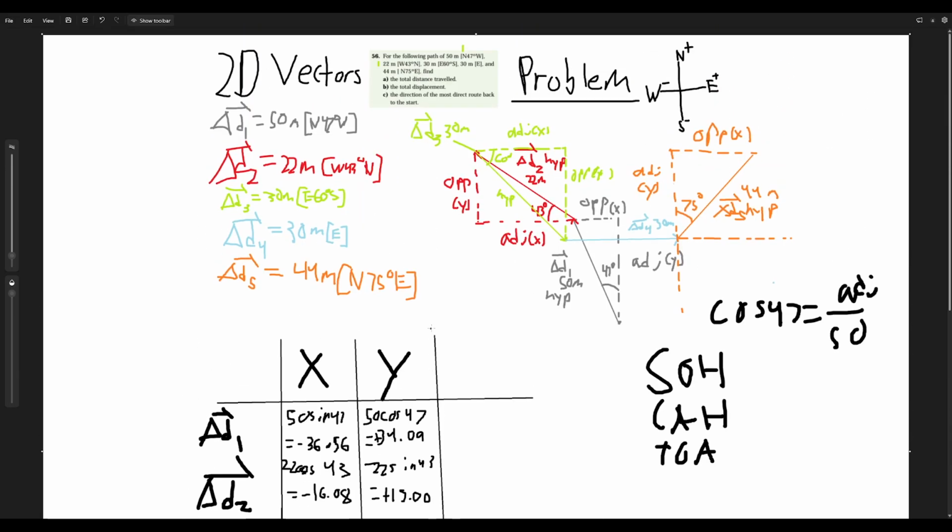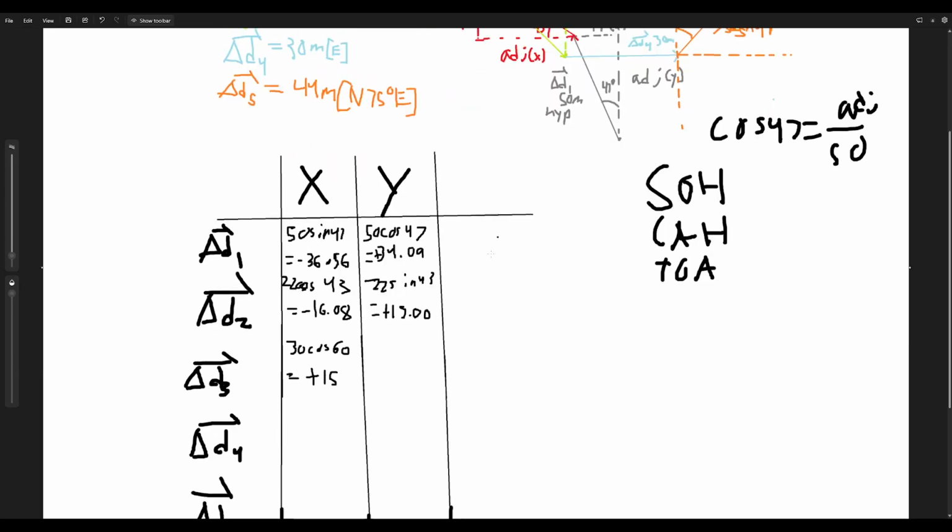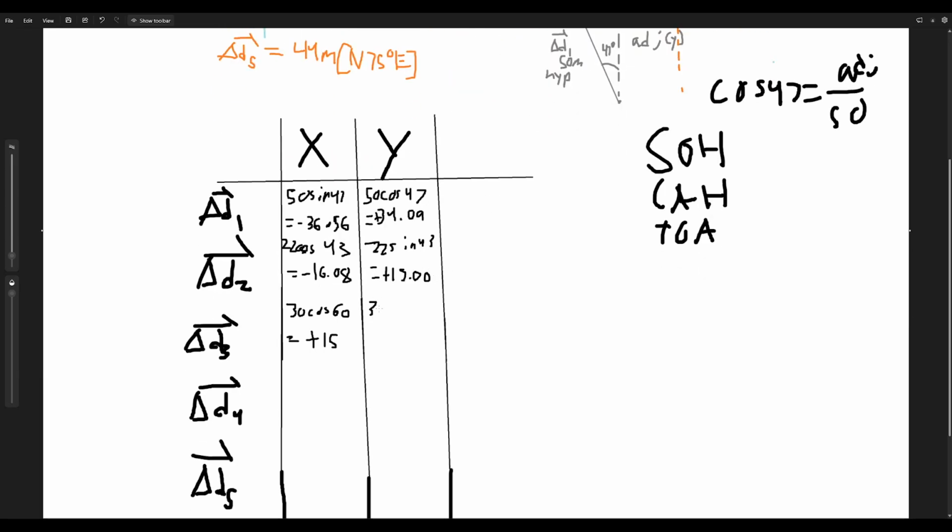Then for y, we do the same thing but with sine, so 30 sine 60. It's going to be negative because this is moving south now, and south is negative. I got 25.98, so I would put negative 25.98.